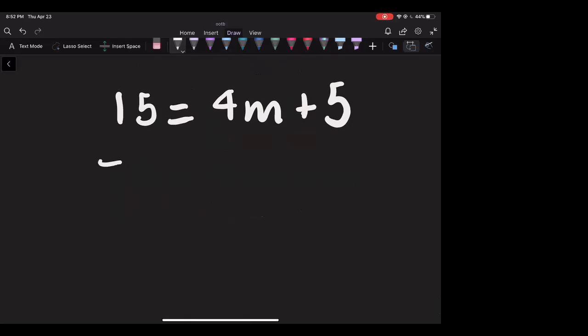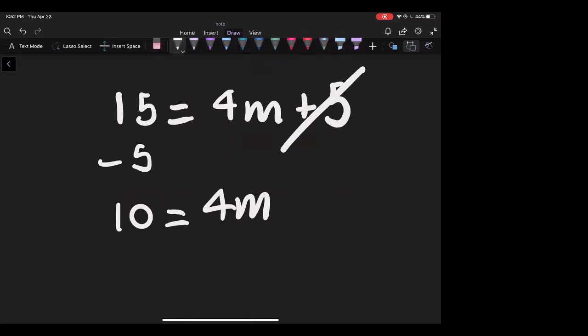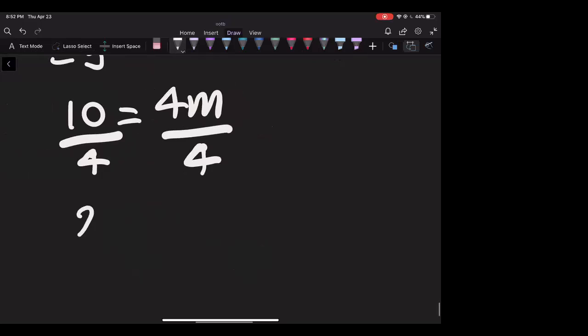Subtraction. So we're going to subtract 5 from 15. That equals 10. And then divide by 2. The answer is 2.2. Good job. And then that's your answer.